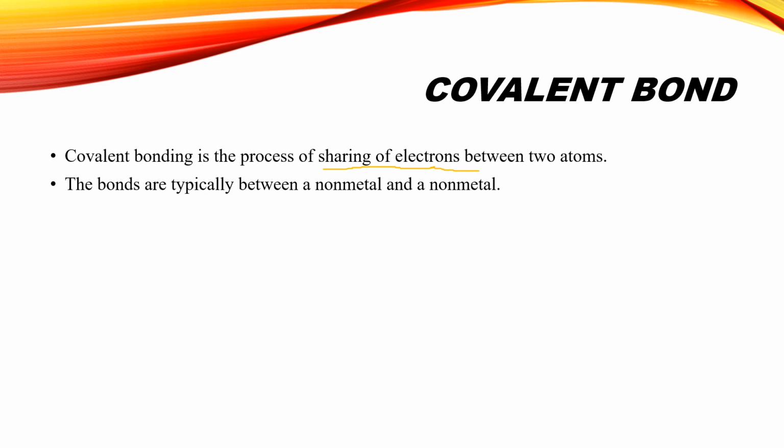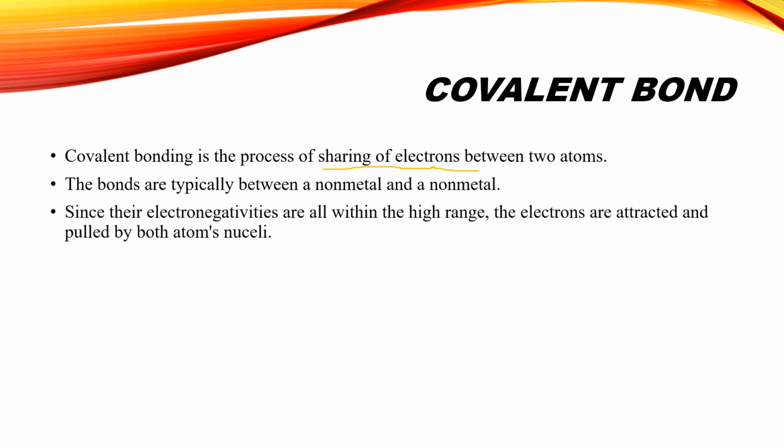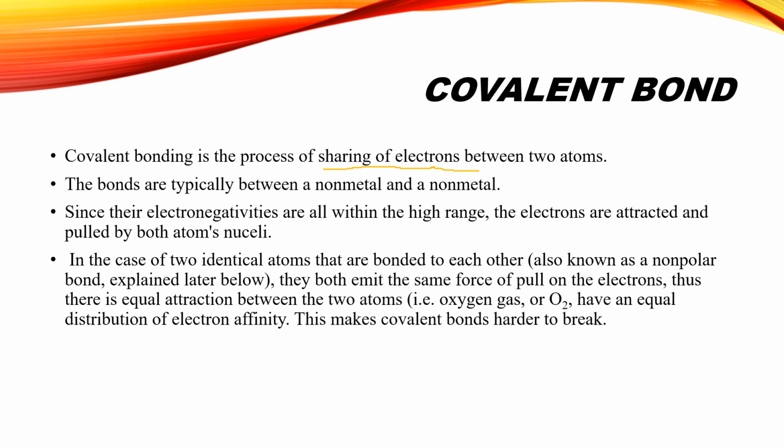The bond are typically between a non-metal and metal, right? Since their electronegativities are all within the high range and the electrons are attracted and pulled by both atoms' nuclei.